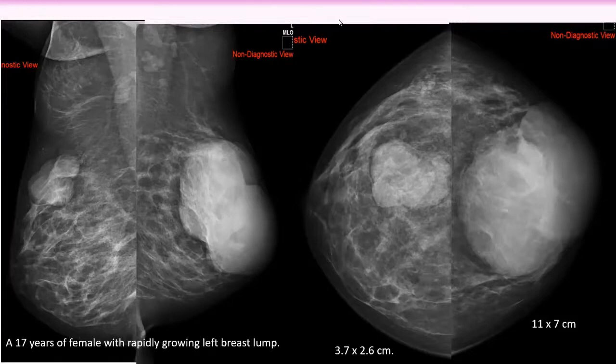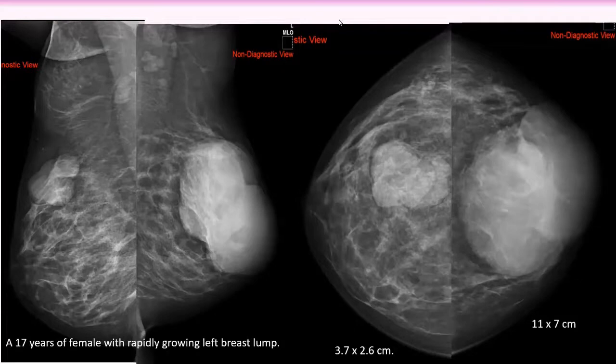Fibroadenoma also is one of the differentials. Which type of fibroadenoma can overlap, especially with phylloides? Giant fibroadenoma. Yes, any fibroadenoma 5 centimeters or more will be called giant fibroadenoma. But there is a specific variant of fibroadenoma that can present as large or rapidly growing lesions.